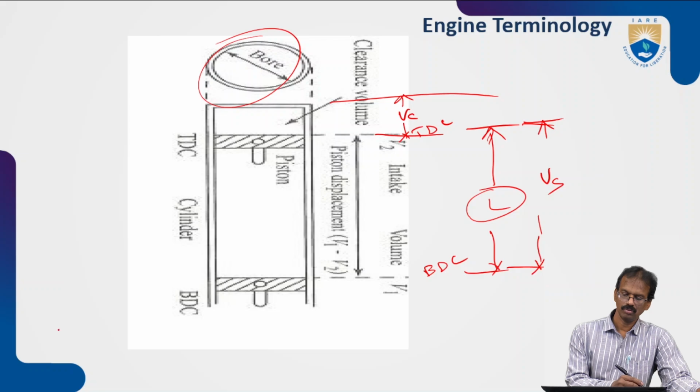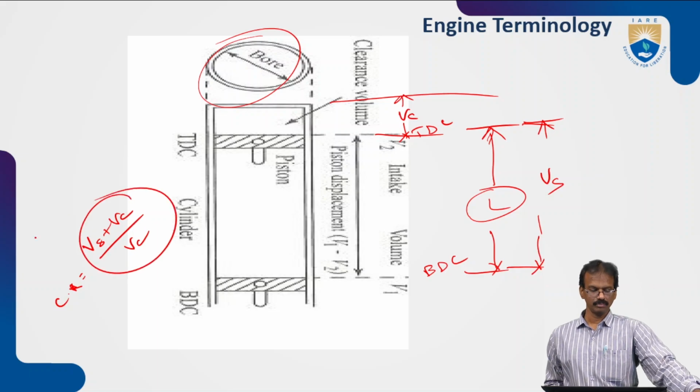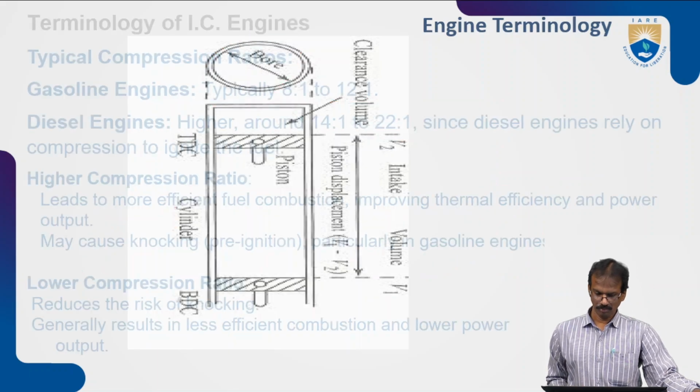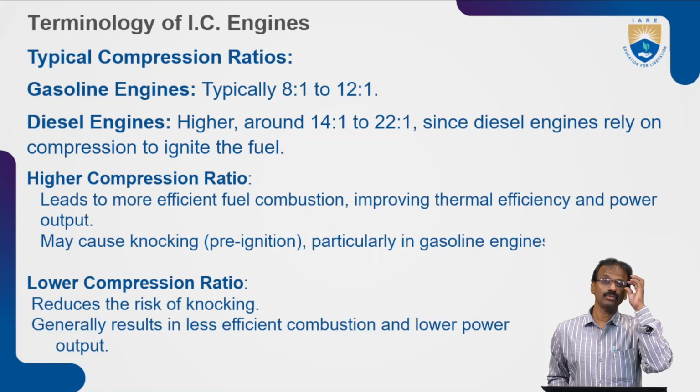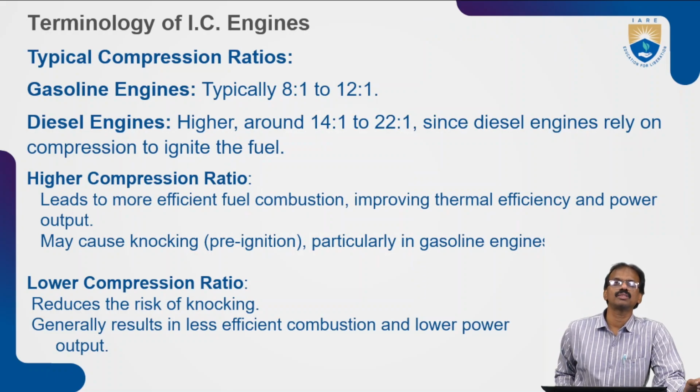So compression ratio CR is equal to total volume, meaning Vs plus Vc, divided by clearance volume. This compression ratio is different for different engines.